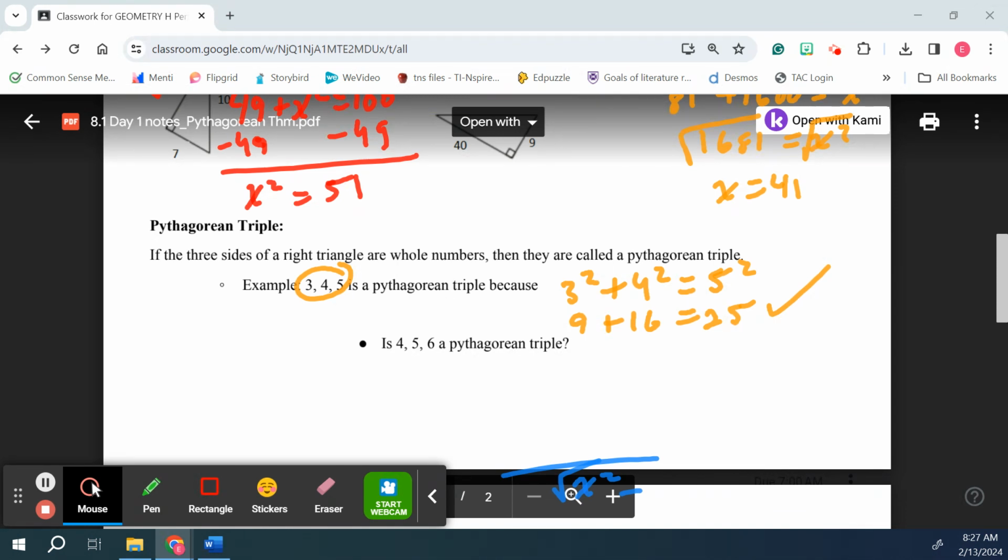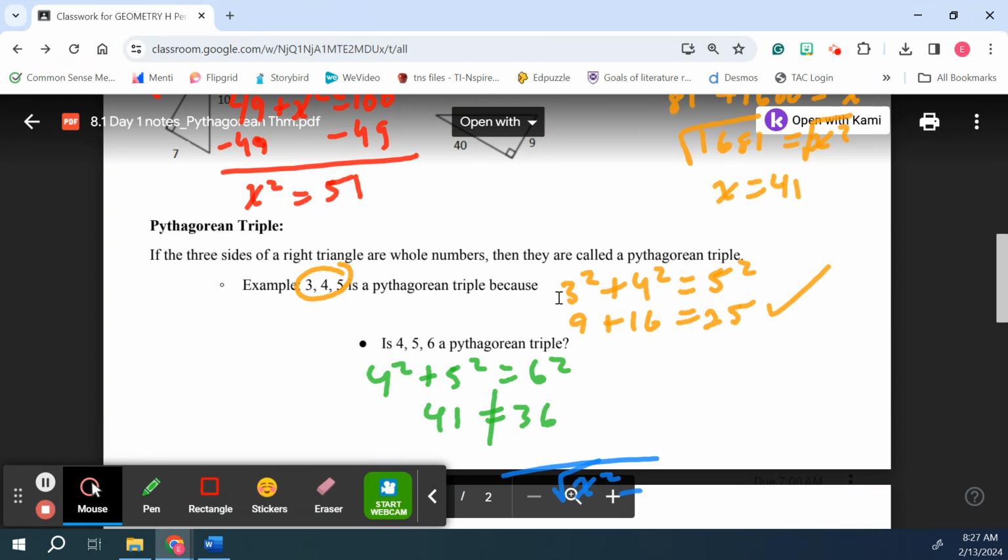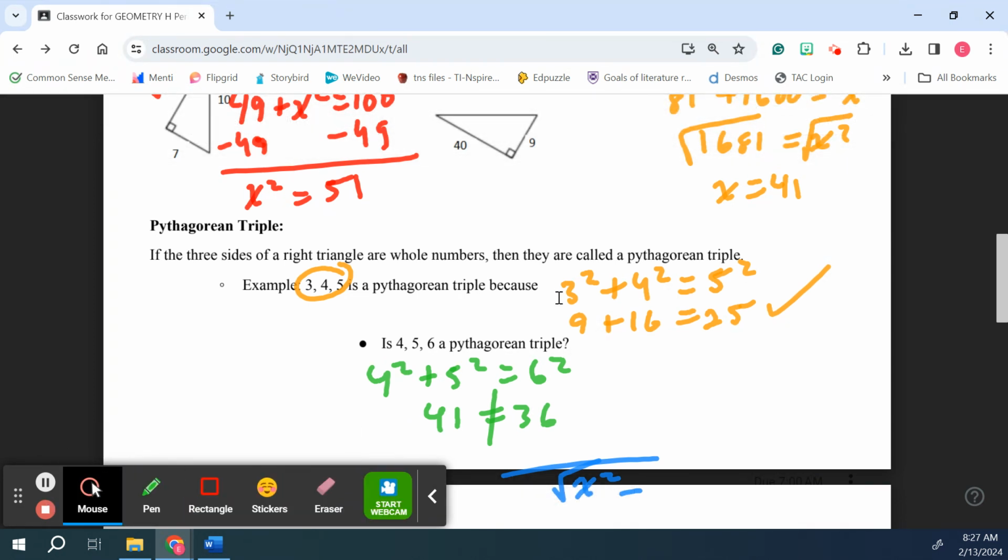How do you know? Because 41 does not equal 36. Excellent job. So in this case, 4 squared plus 5 squared equals 6 squared. This leaves you with 41 equals 36. Nope, not going to happen. Questions on Pythagorean triples or anything on the first page before we move on to the second page?